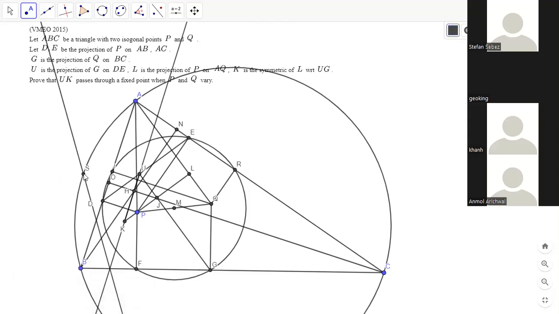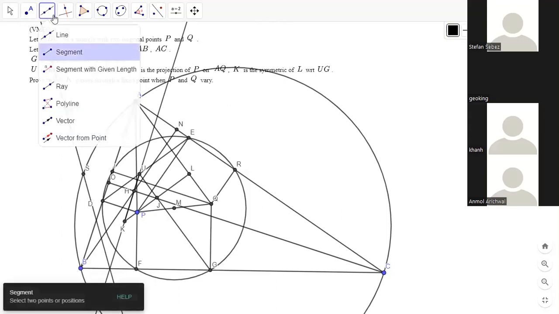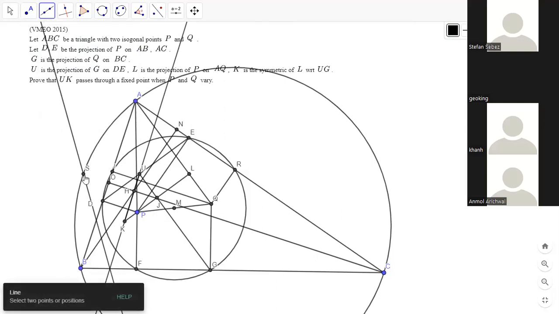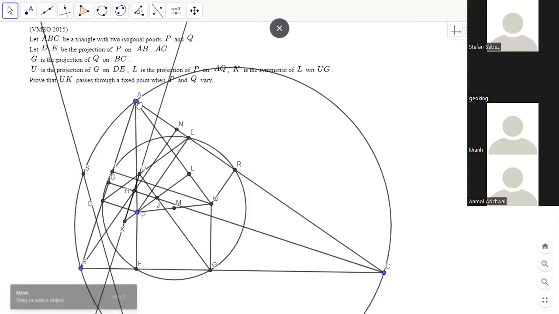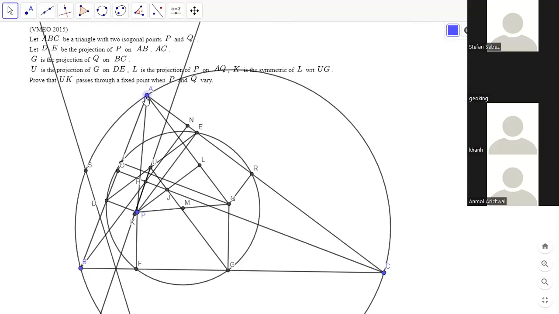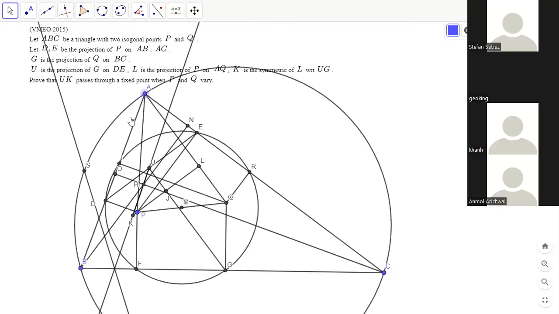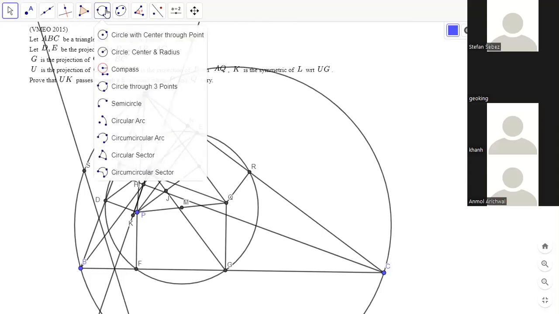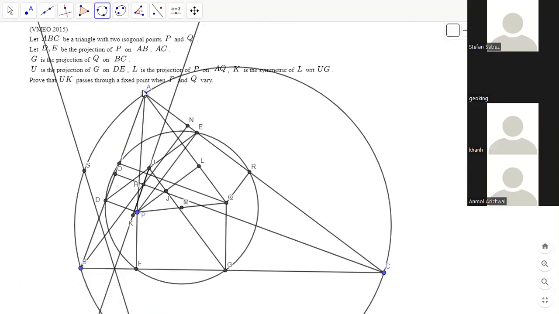And maybe there's something special about that point. I think it lies on the circle with diameter AP. Interesting.